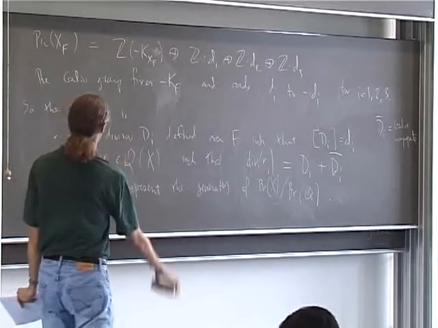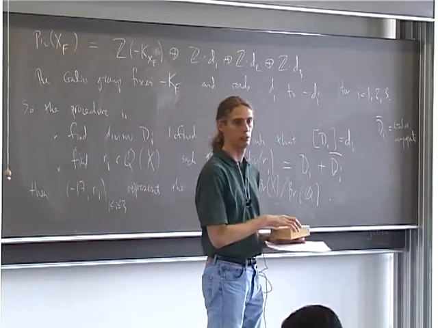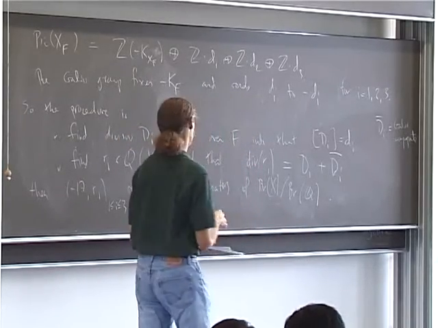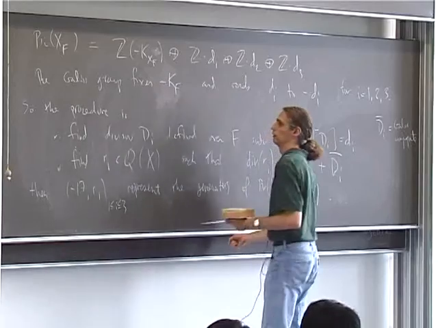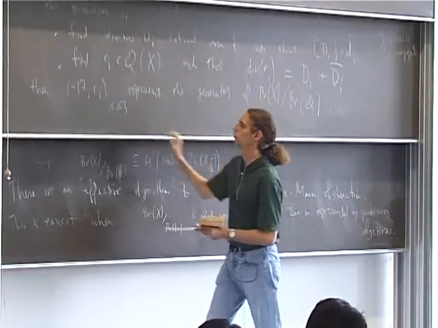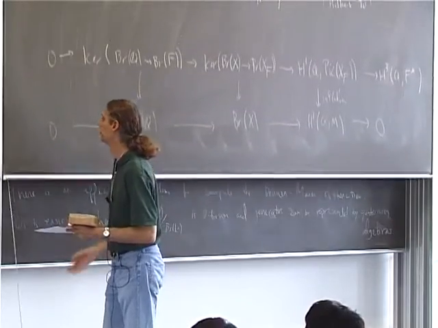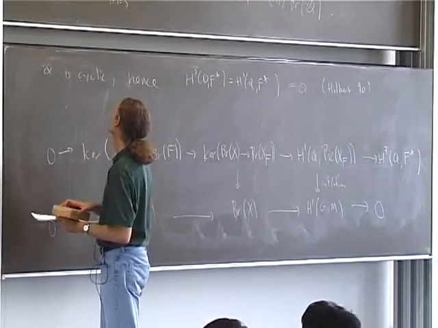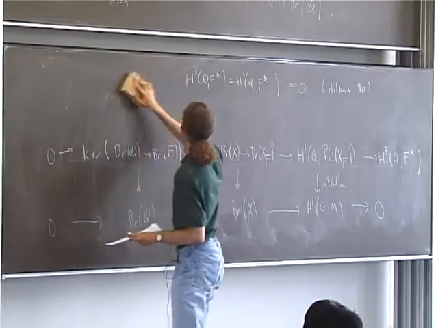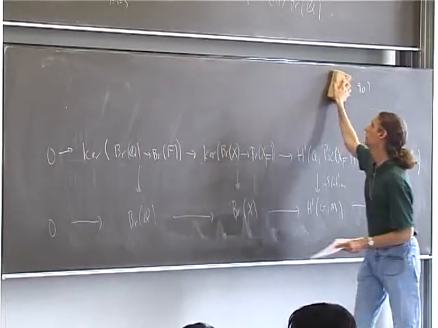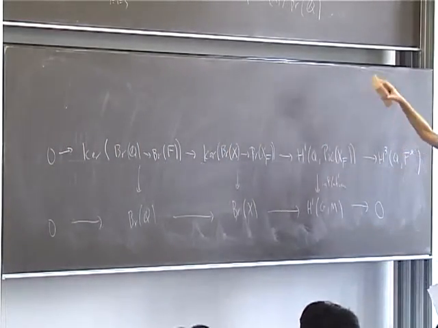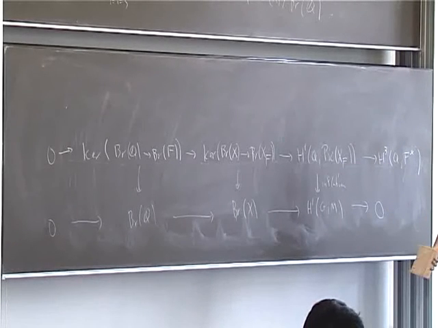Now it's a concrete problem, but it's still a problem to be solved. So let me explain how we do this. We know all these classes. We know what the little d_i's are.